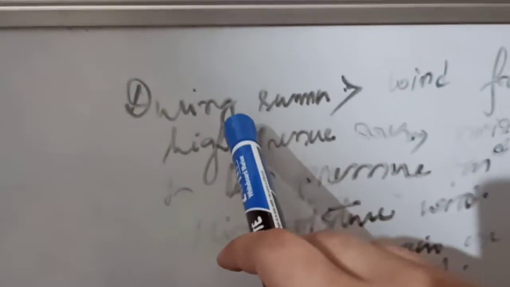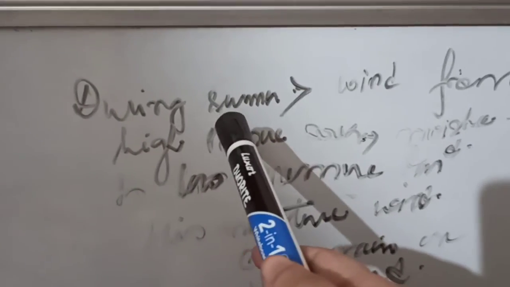So what this point is saying is that during the time of summer, the high pressure exists over the sea and the low pressure exists over the land. As a result, the wind starts blowing from the high pressure zone to the low pressure zone.